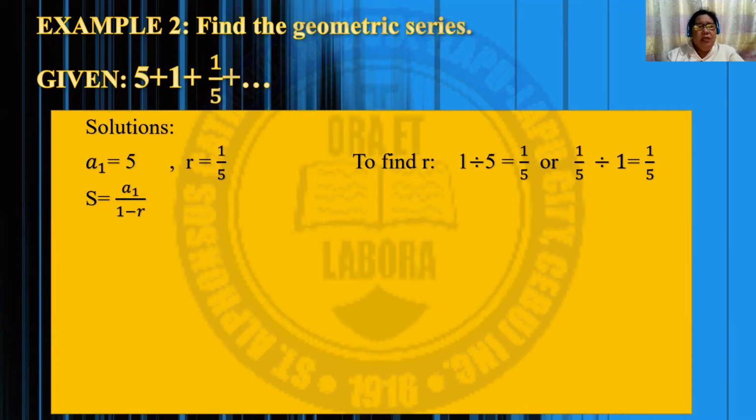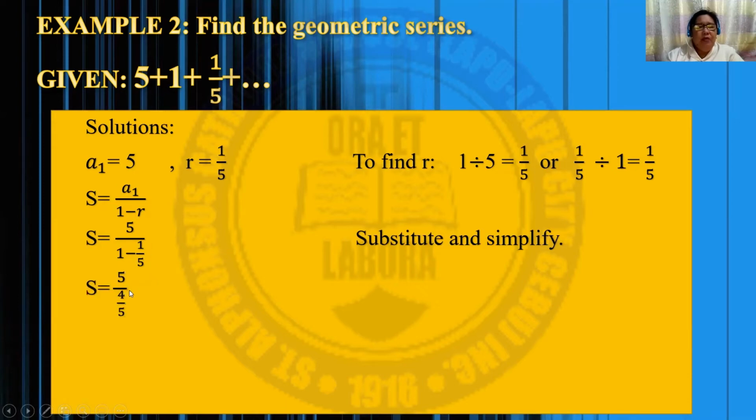We will be using the formula for infinite geometric series because the indicator is the ellipsis. So the formula is S is equal to a sub 1 over 1 minus r. So a sub 1 is 5 over 1 minus 1/5.